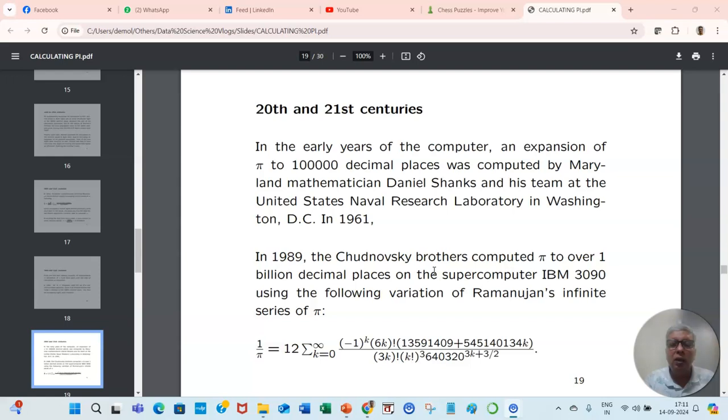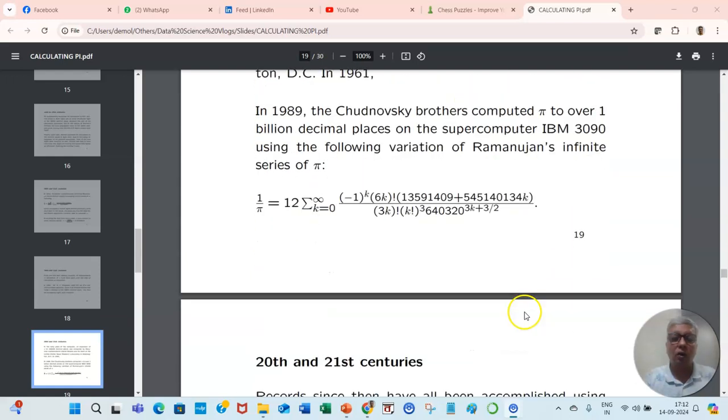Later, following Ramanujan, several pi-calculating formulas have come up, and this is one modification of Ramanujan's formula which is used even now. In 1989, the IBM 3090, using the following variation of Ramanujan's infinite series for pi, calculated 1 billion decimal places.